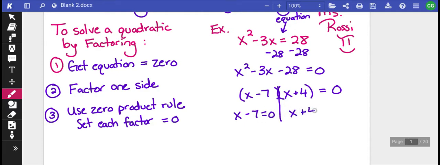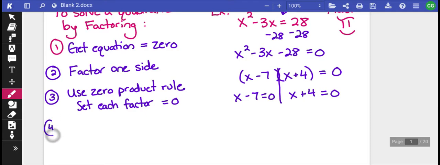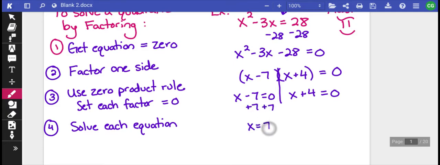So x minus 7 equals 0, x plus 4 equals 0. The next thing you want to do is solve each equation. If I add 7 to both sides, I get x equals 7. Over here, subtract 4 from both sides, I get x equals negative 4.